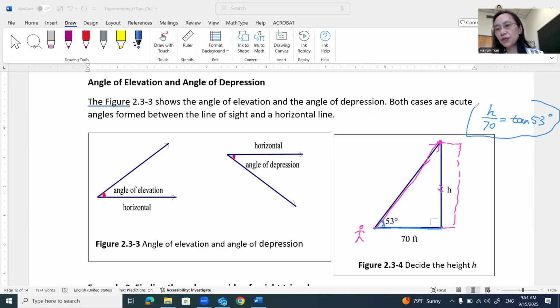So how do we solve for h? That's very easy, just in one step. If we multiply both sides of the equation by 70, the height is 70 times tangent 53 degrees. Of course, you will have to find tangent 53 degrees, because that's a specifically given angle, and you use a calculator.